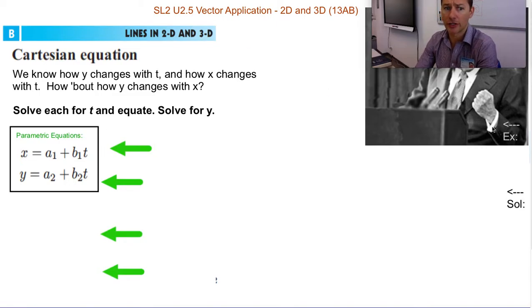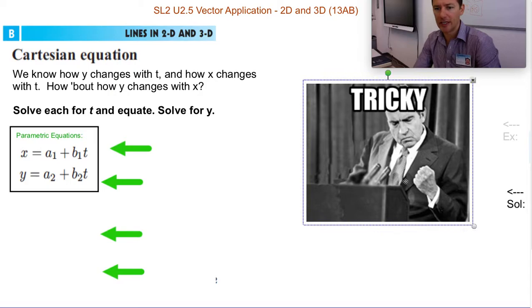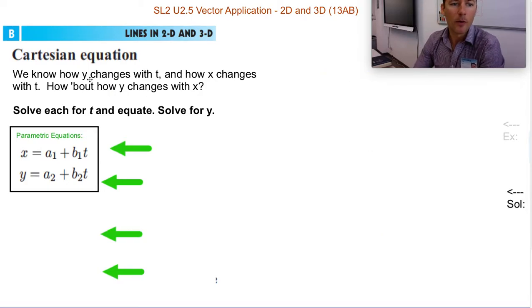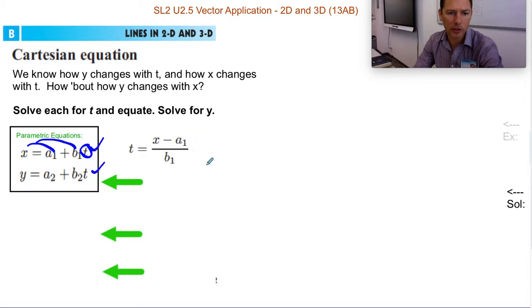We're going to use a Cartesian equation. It's a little bit tricky, but you'll be able to do it. We know how y changes with t and how x changes with t from these equations, but sometimes I want to know how y and x are related. We want to put these together and solve for t. In the top equation, if we rearrange and solve for t, we move the a and divide by b1, and you're left with this. Do the same thing for the second parametric equation.